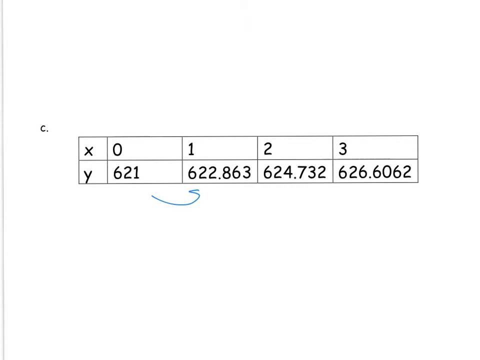Alright, so you should have done this. You want to figure out the rate. So you are going to take x, and you're going to take 622.863 and divide it by 621. And you should have gotten 1.003. So it's going to be increasing by 0.3%.